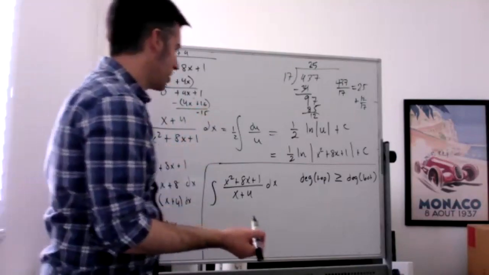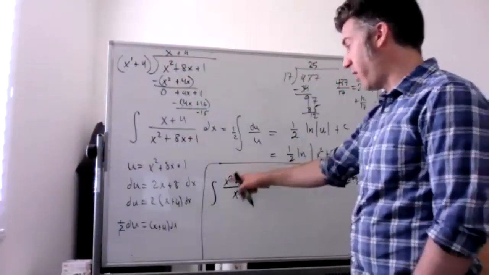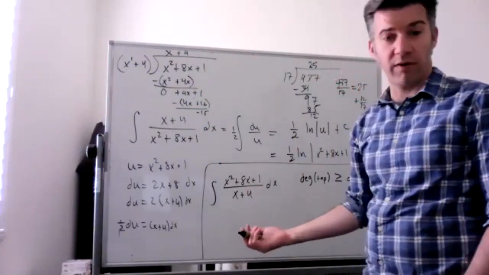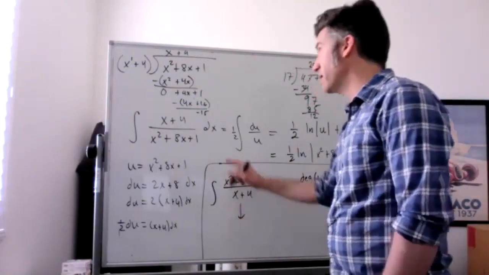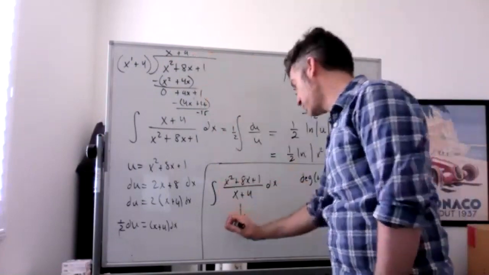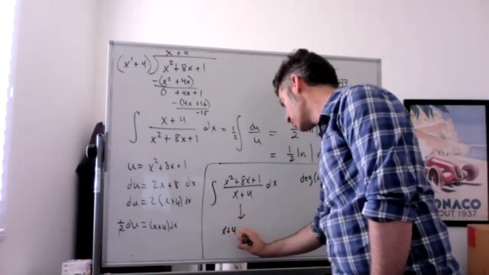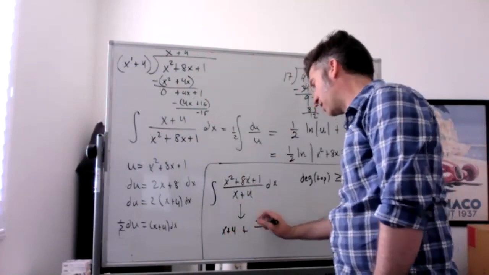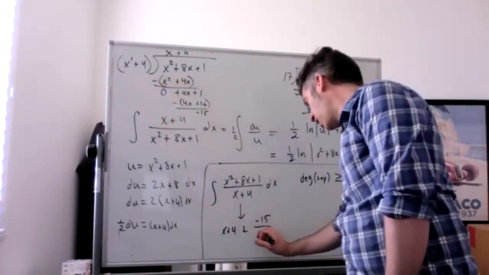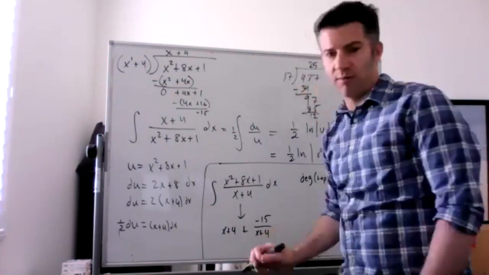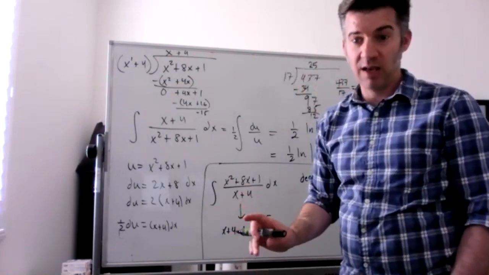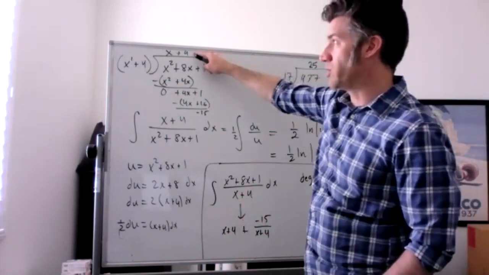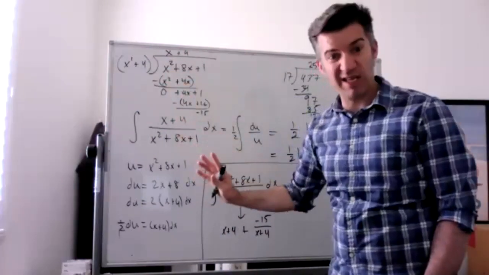So that means we can rewrite this fraction, x squared plus 8x plus 1 over x plus 4. We can write that as the quotient x plus 4 plus the remainder divided by the divisor. I feel like this example might not be excellent because the quotient and the divisor happen to end up being the same.